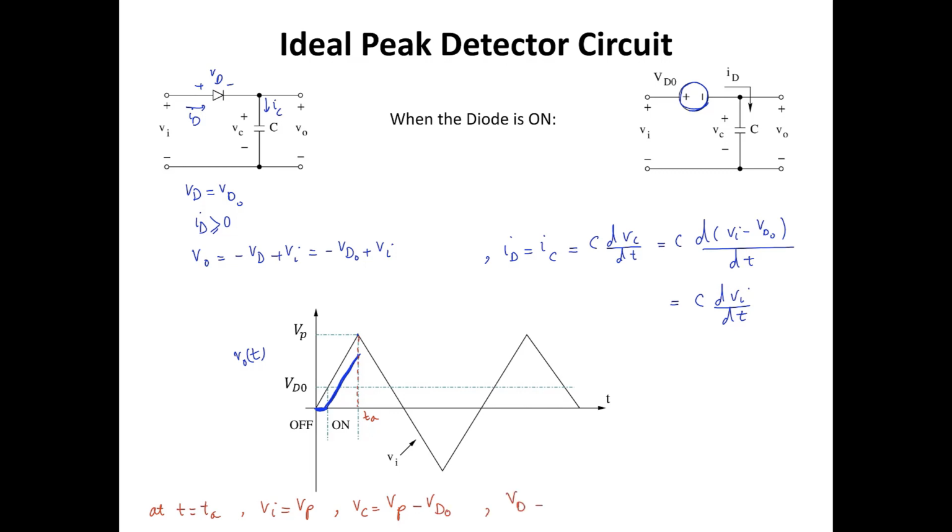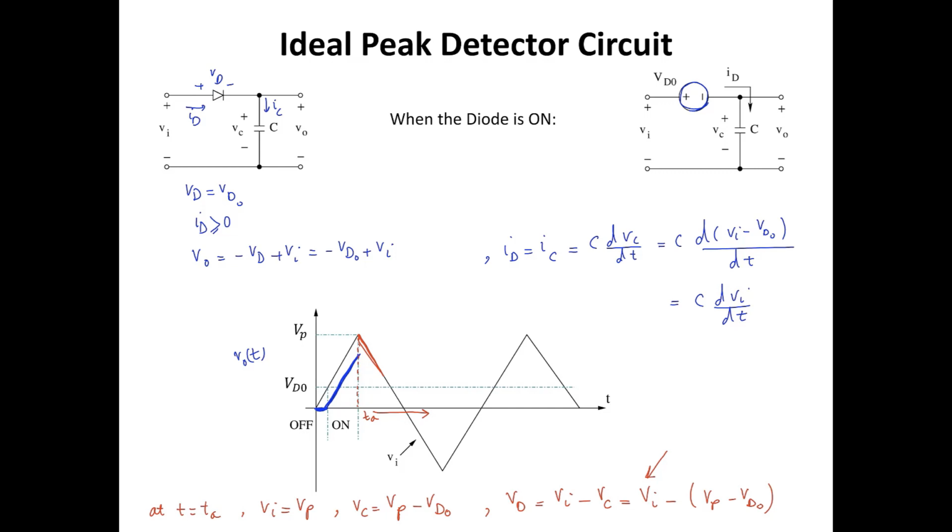From there, because Vd is equal to Vi minus Vc, the capacitor voltage, I'm going to write it as Vi minus (V peak minus Vd0). So after t equal to ta, for other time points, the amplitude of Vi goes below V peak value. As a result, Vd is going to be less than Vd0, and the diode does not conduct anymore because Vd is less than Vd0.